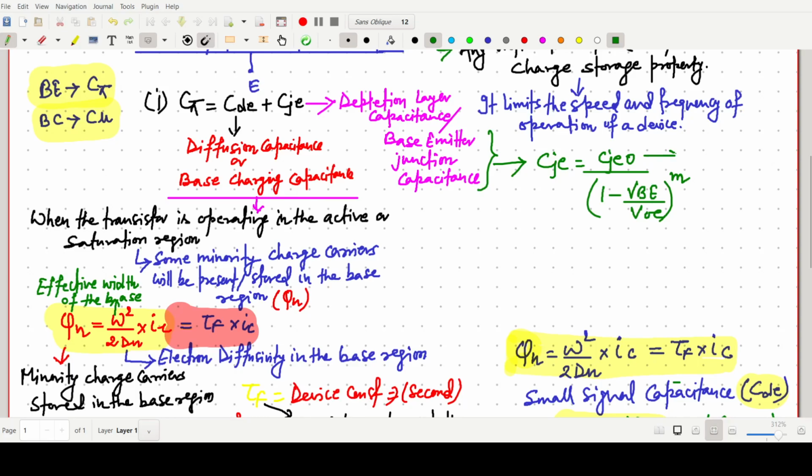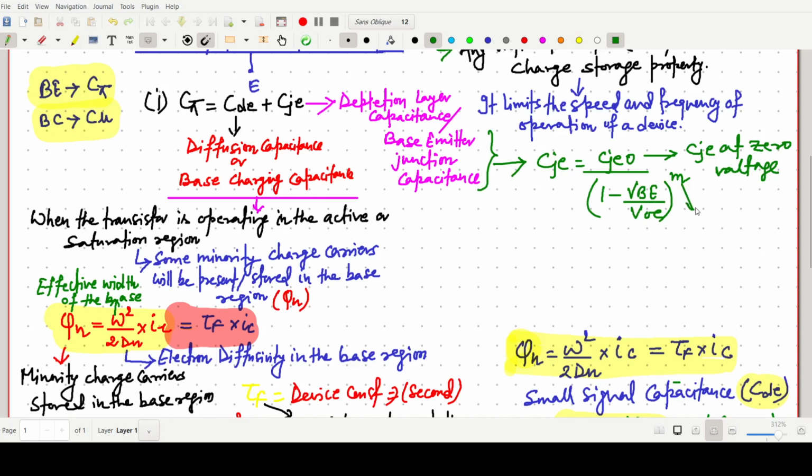This CJE naught is the value of the base emitter junction capacitance CJE at 0 voltage.